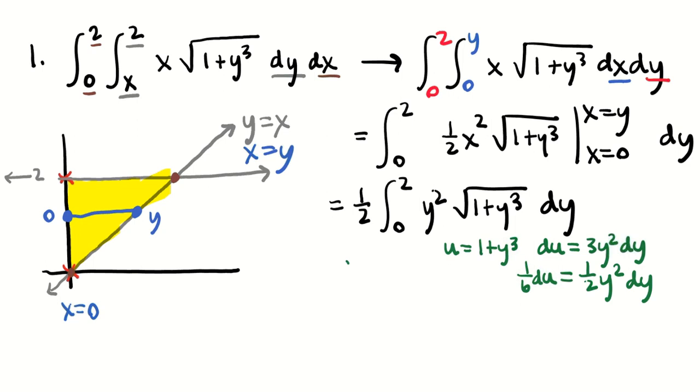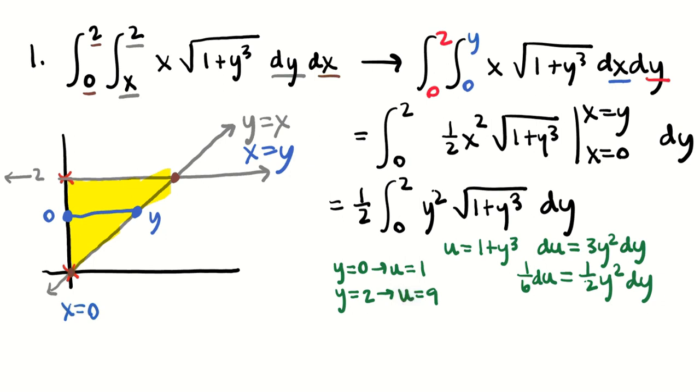Okay, and then I'm going to need to change the bounds. So y equals 0 gives me u equals 1. And when y equals 2, that gives me u equals 9.